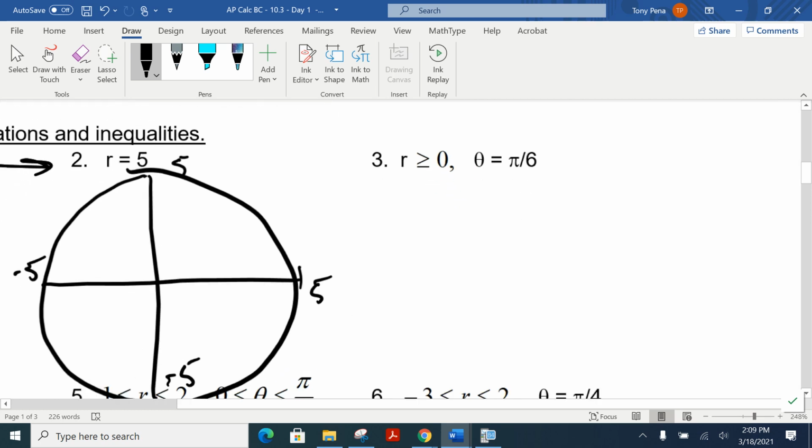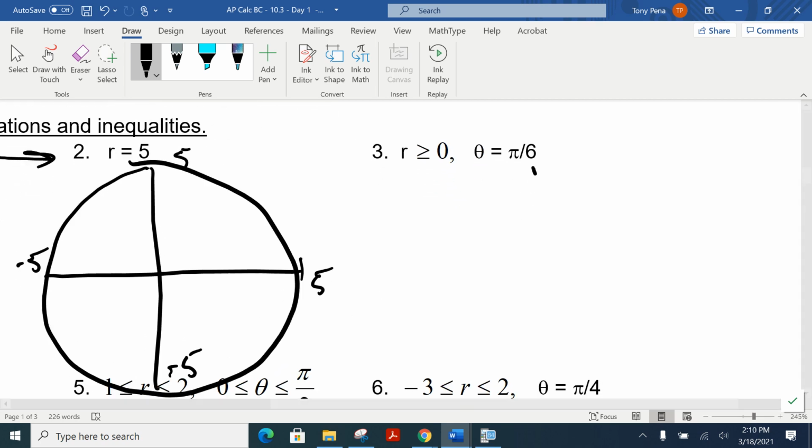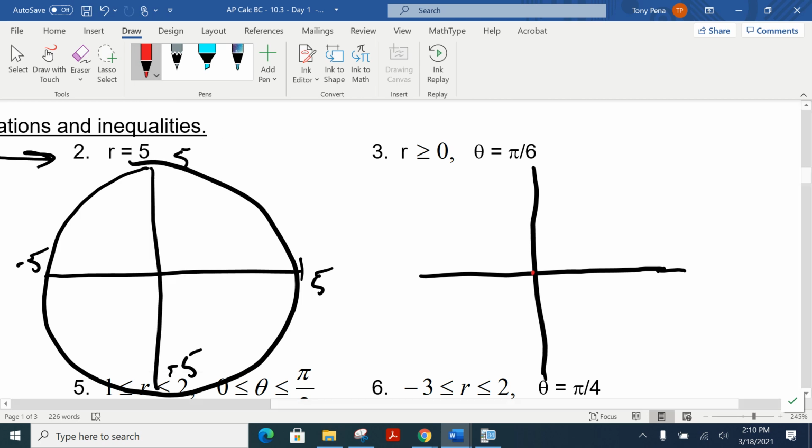3, a little trickier. If we do this one now, there's a nice geometric word for this. The theta tells us what we're looking at, the direction in which we're going to look. So if we are right here, we're always standing at the origin, and then we're looking at pi over 6. So we're looking off in this direction. And then we would want every r value equal to or greater than 0.